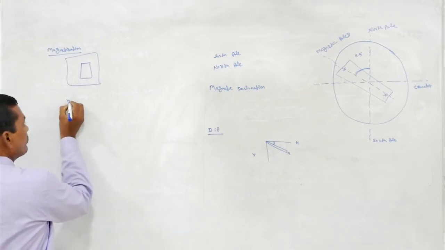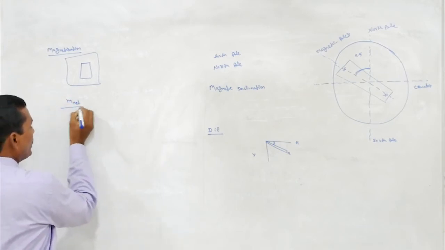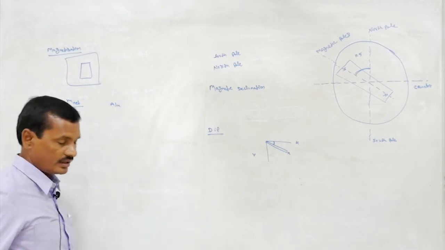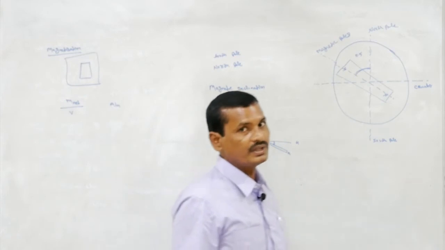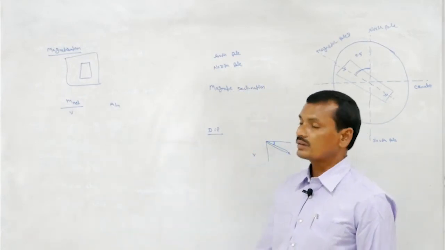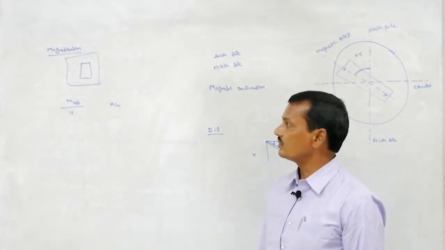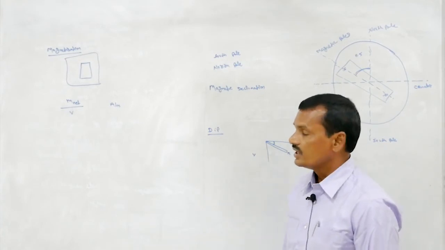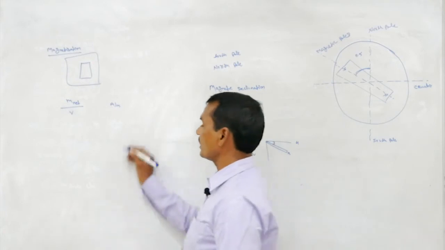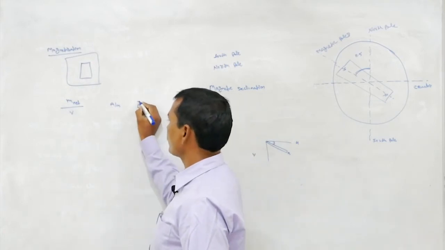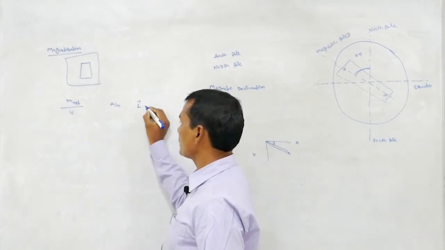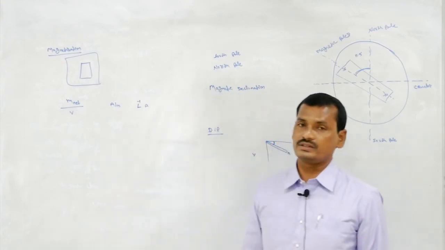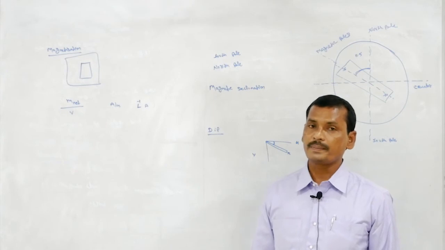Net magnetic moment per unit volume is called the magnetization of a sample. Its unit is ampere per meter and its dimensional formula is L inverse 1 A. L means length, A means ampere. Okay? Next.